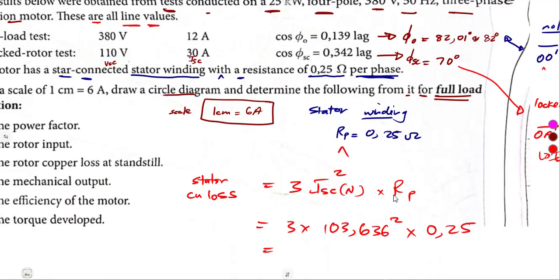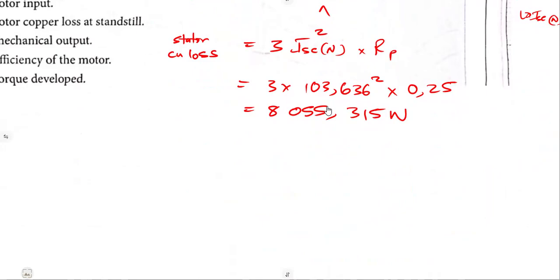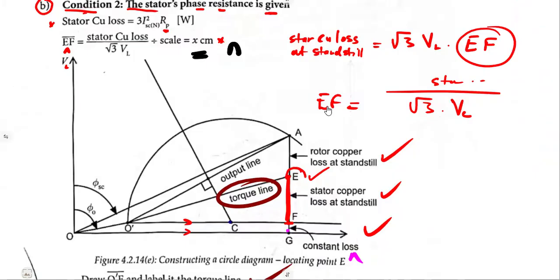Remember, power from the phase value of what? The resistance, okay? So that was going to give us 8,055,315 in watts. This is the one that we are going to need to determine the length of EF. For us to have the length of EF, we're going to use this formula now, stator copper loss over this, divided by the scale.